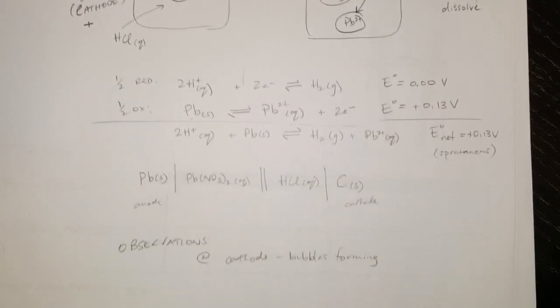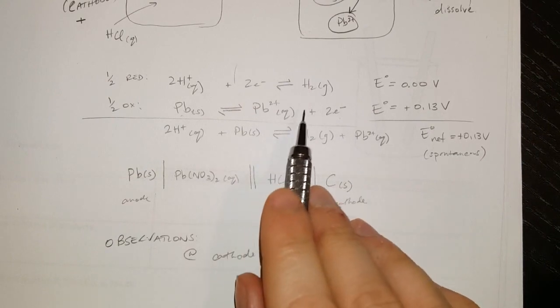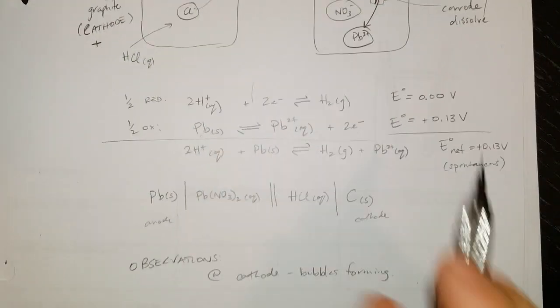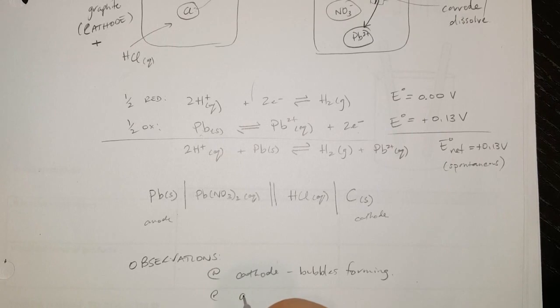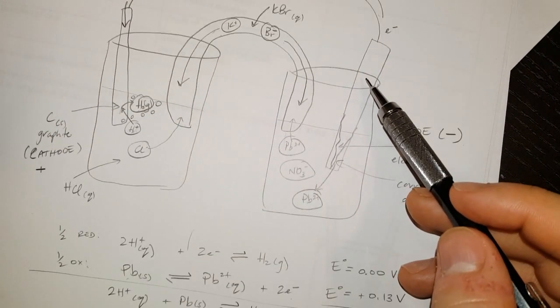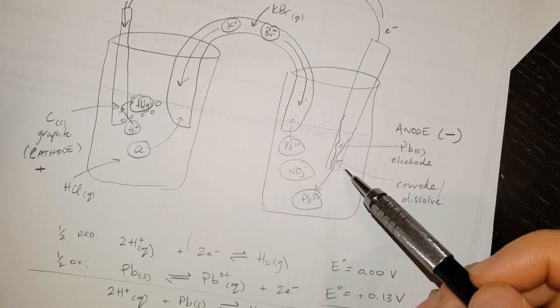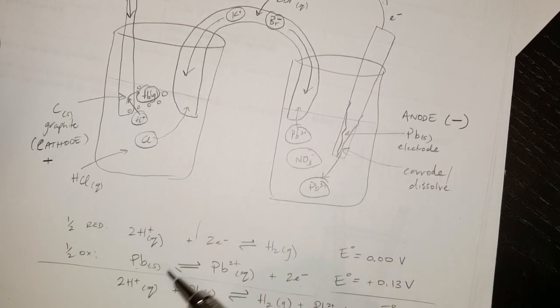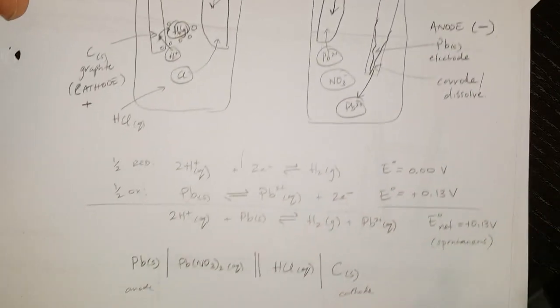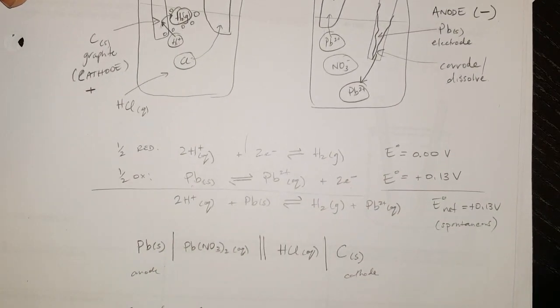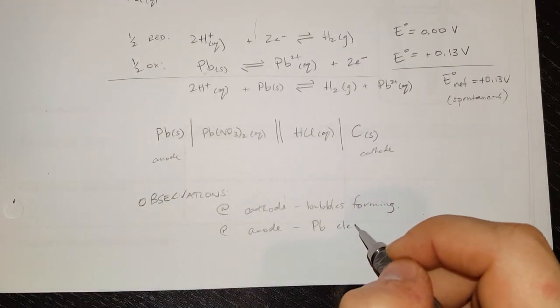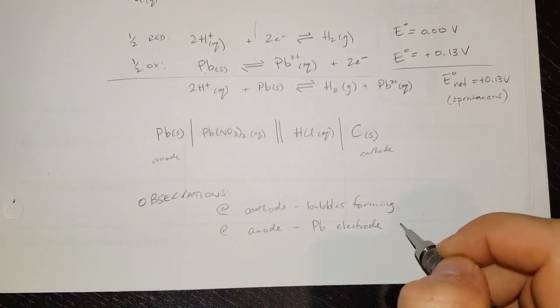Okay, and those bubbles are going to be the H2 gas that's forming at the cathode. At the anode, what did I say was going to happen? Oh, well, my lead electrode is going to be dissolving over time because my electrode is undergoing an oxidation reaction. So my lead electrode is going to corrode.